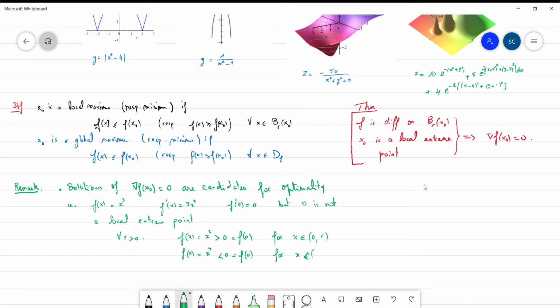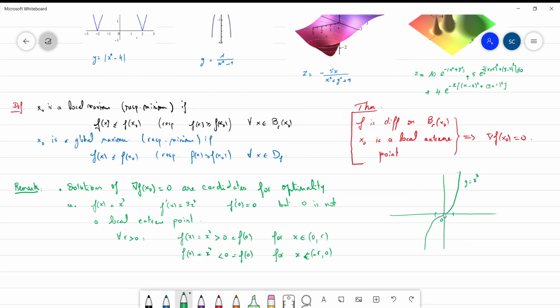To explain this, here is my curve, y equals x^3. The point (0, 0) cannot be a local extreme point, because locally we should have the comparison over a small ball, which is a small interval centered at the point 0.